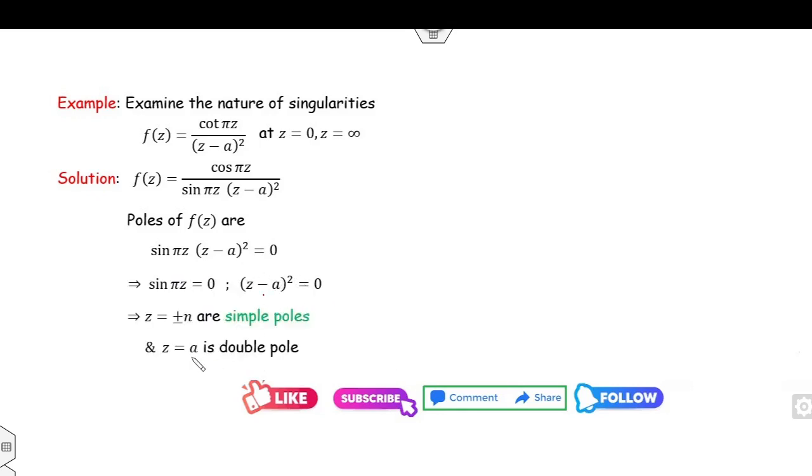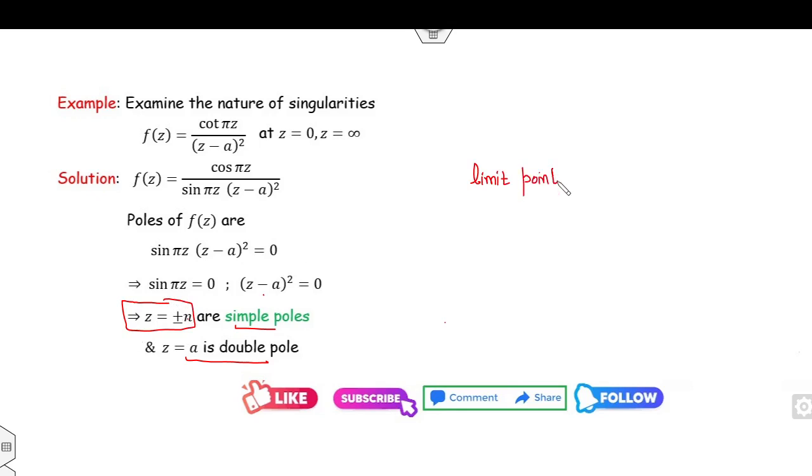Now because a is a double pole and the plus minus n are simple poles, because they give 0, plus minus 1 and so on, which are distinct values of z, yes, they are simple poles. Now clearly at this point, this is a sequence for different values, so you can find the limit point of the poles.